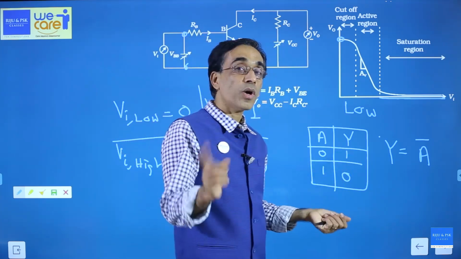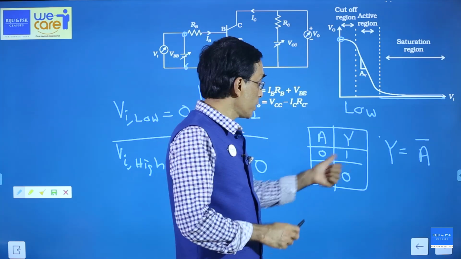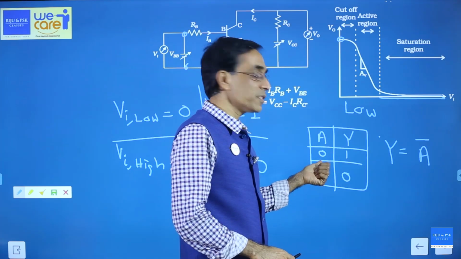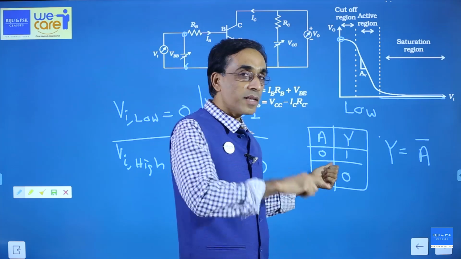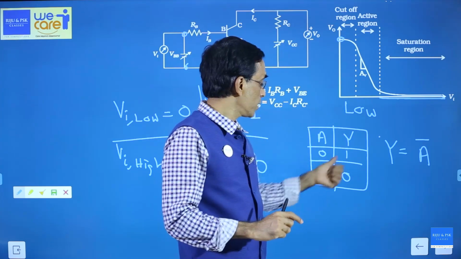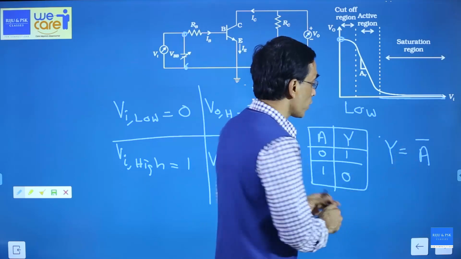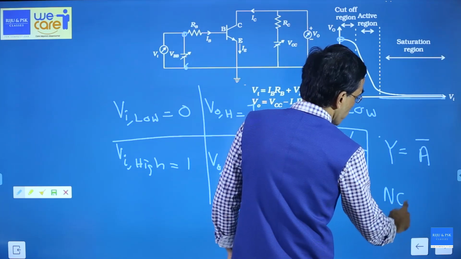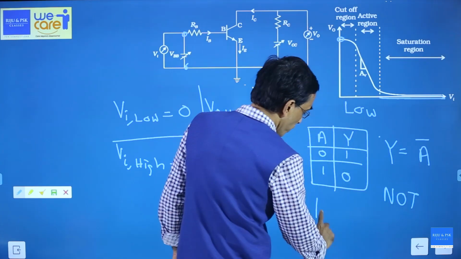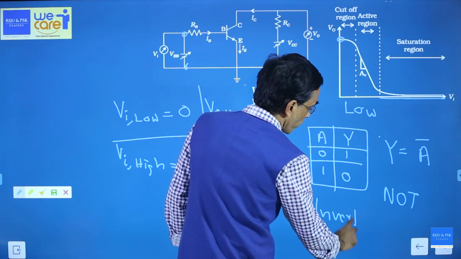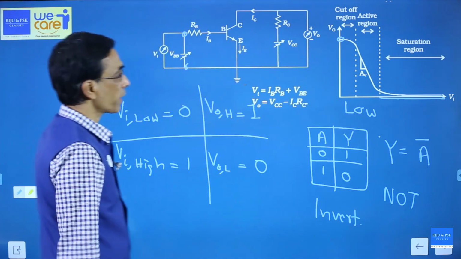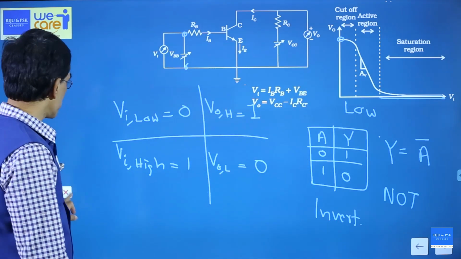Y is not A means if A is 0, other than 0 there is only one state, that is 1. If A is 1, other than 1 there is 0. That's why it's called Y is not A. So we call it a NOT operation. It's also called inverting. You are getting the inverted output. That's what we studied about a switch.